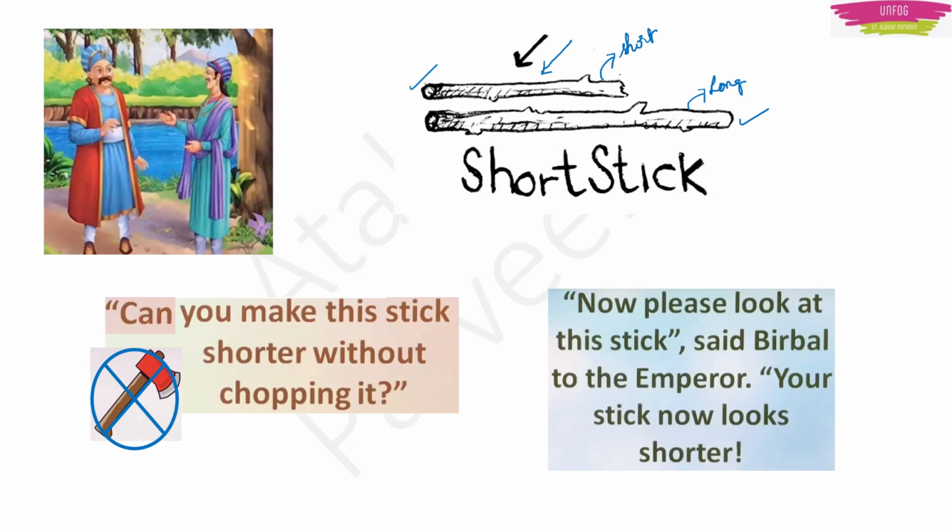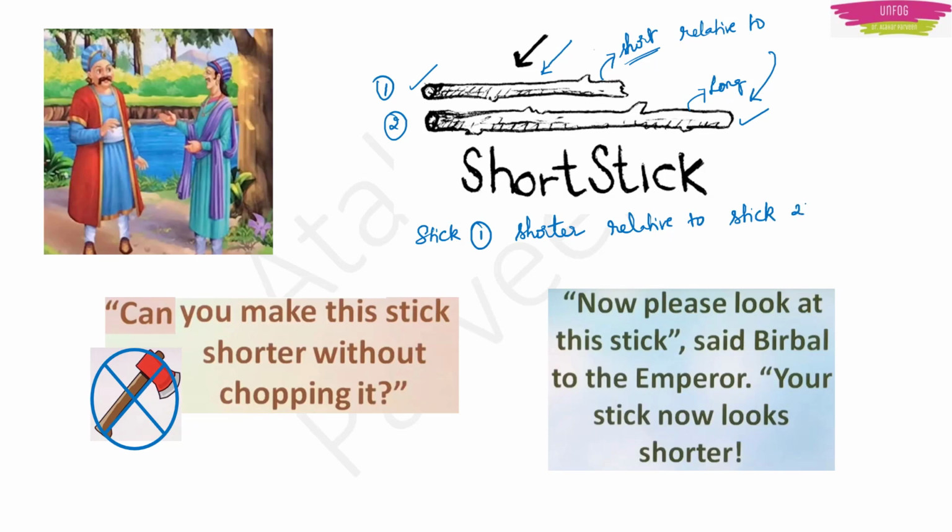But if I say that this stick is short, my sentence will become incomplete, right? This stick is short relative to this stick, correct? Let this one be stick 1 and let this be stick 2. Now stick 1 is shorter relative to stick 2. You get my point, right?